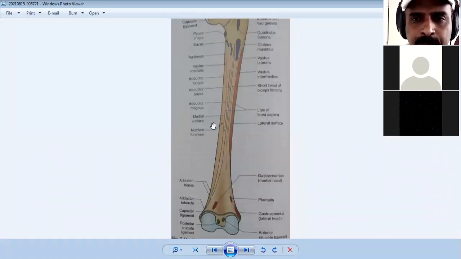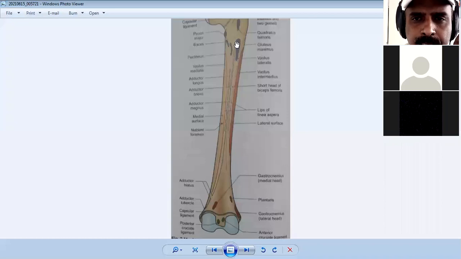Medial lip of the linea aspera gives attachment to the vastus medialis muscle, including the supracondylar line. Then it also gives insertion to three muscles on the medial lip: adductor longus, adductor brevis and adductor magnus muscle. They are the insertions on the medial lip of the linea aspera.